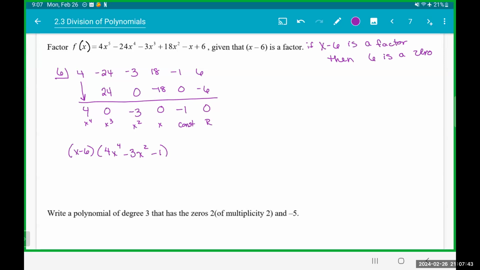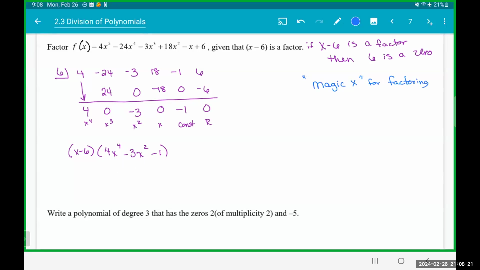And we could factor that further. Here's another thing in factoring that you could Google, magic X for factoring, right? And check that out. But how do you factor this?